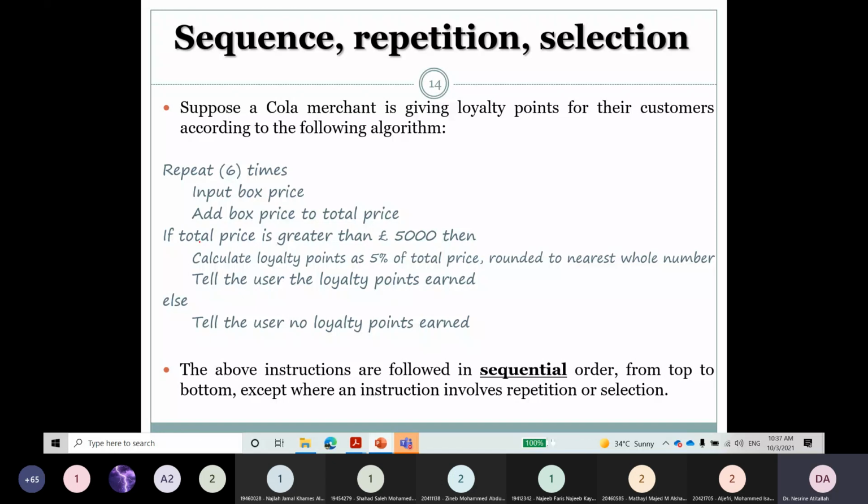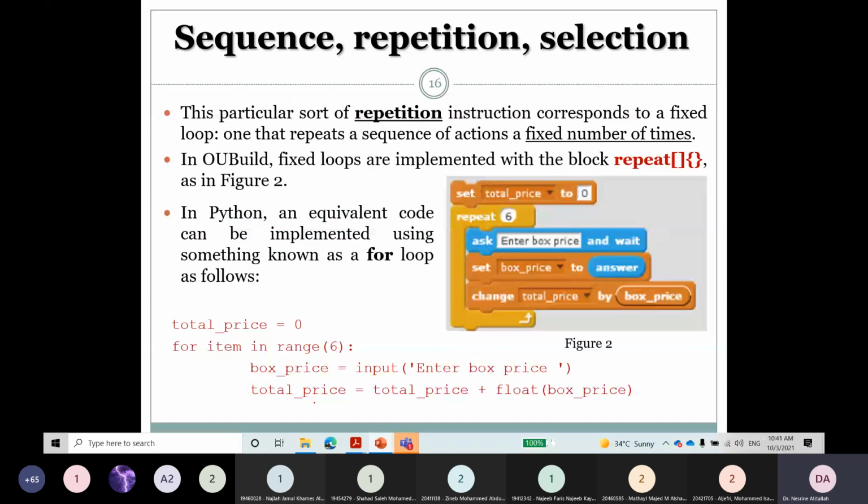So you set the total price to 0, repeat 6 times, ask the user to enter the box price, set the box price to the answer, and change total price by box price, or add. In Python, equivalent code can be implemented using something known as a for loop.